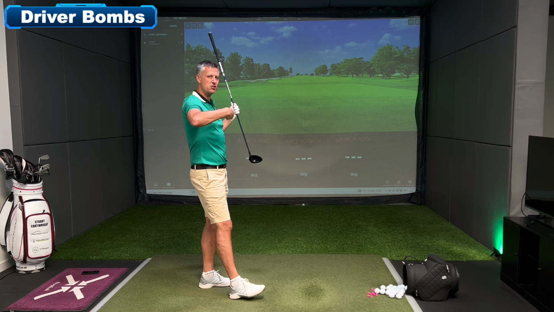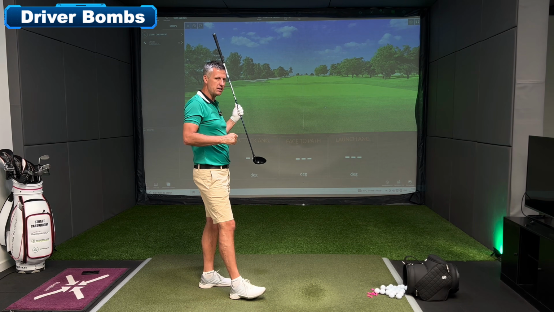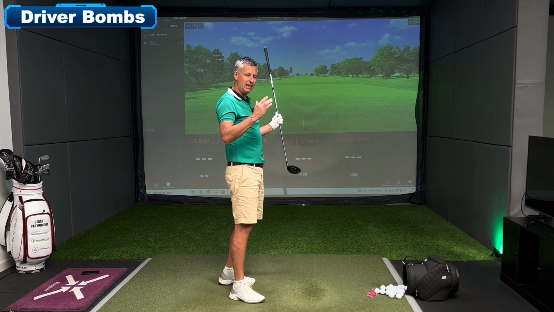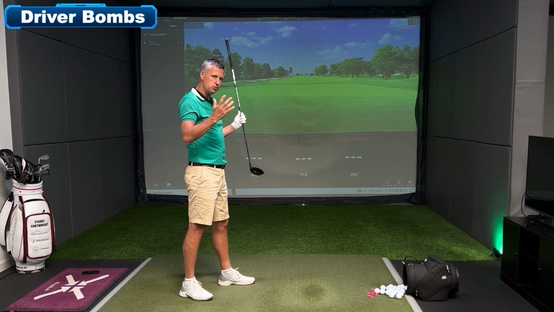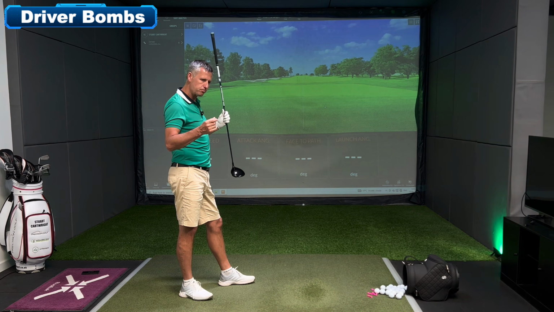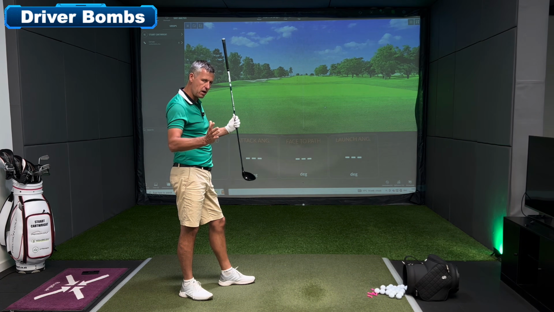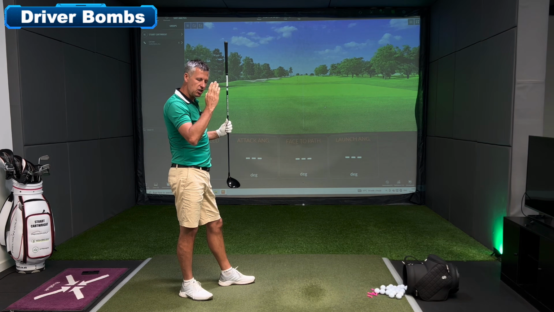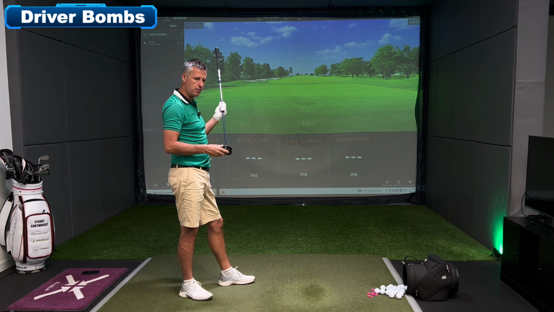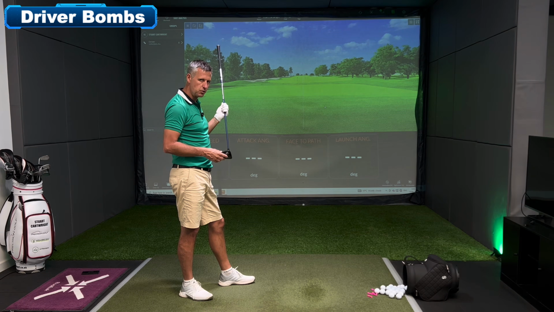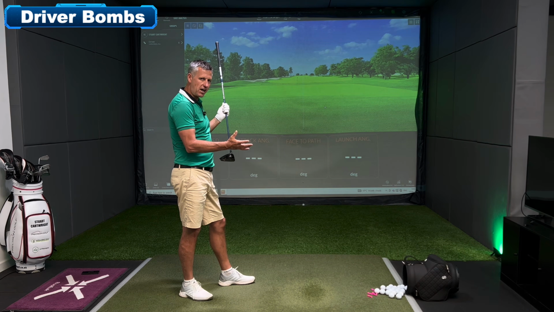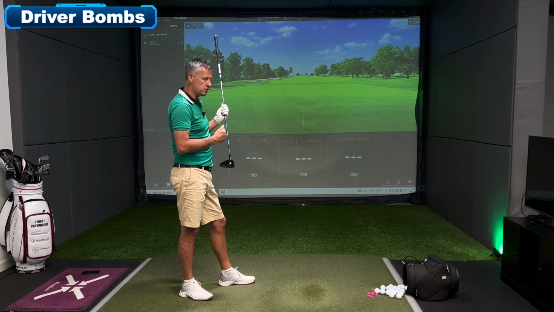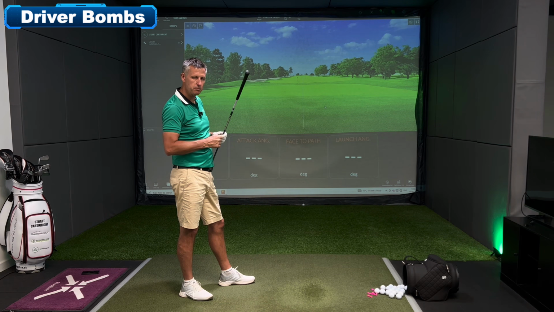It wouldn't be meteorically across it or meteorically from the inside, because wherever the face to path points or hangs out, either left or right of closed or open of the path, that will tend to affect where the path points. So a neutral face to path value really sees the loft that you deliver on the golf club as close to neutral as possible. Then you bring in the attack angle, it will either up the loft or decrease the loft. So that's a really important part of this.